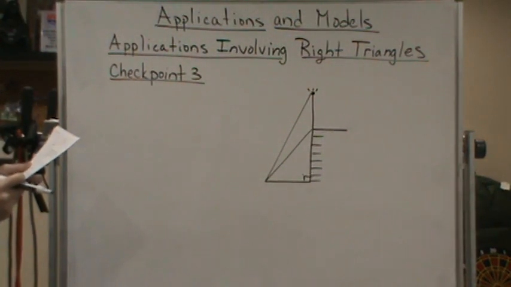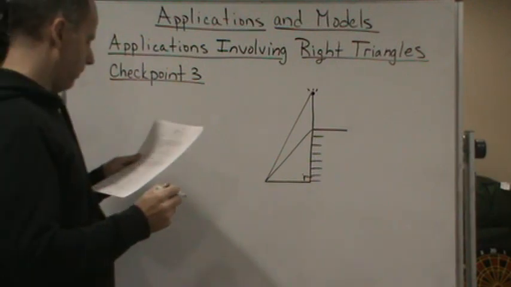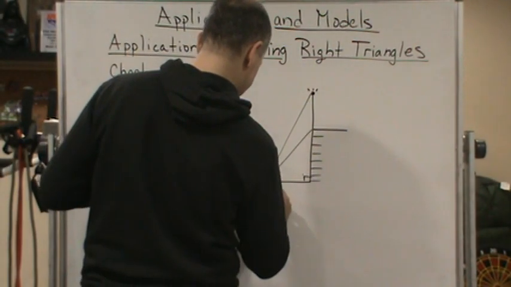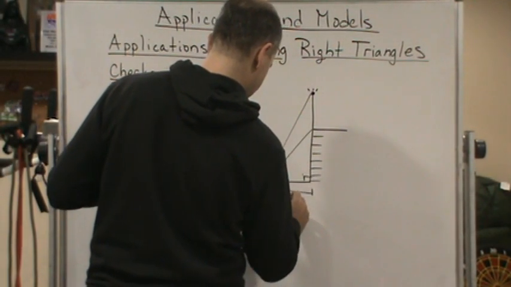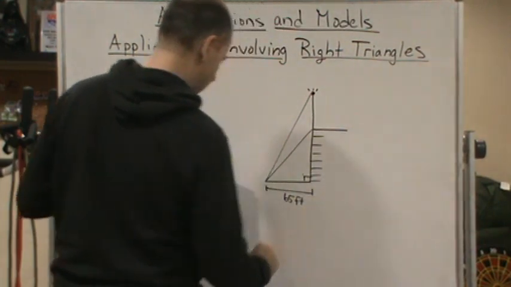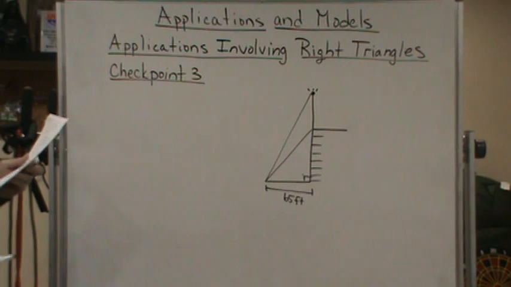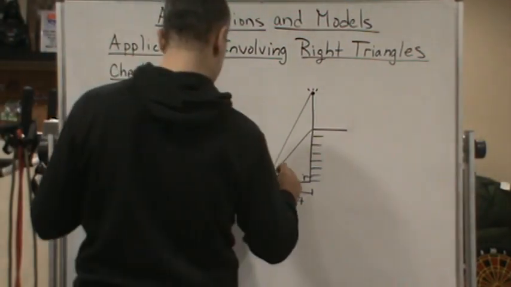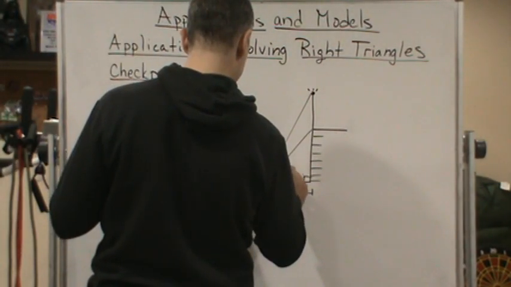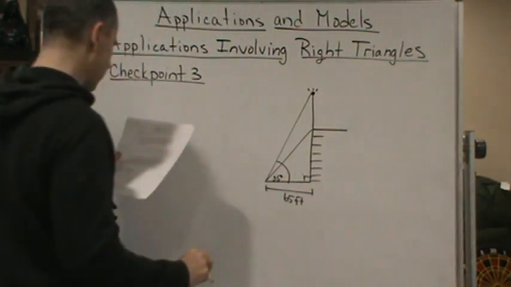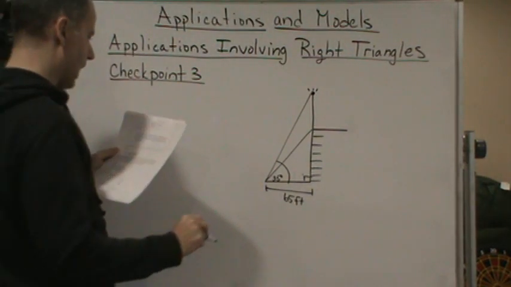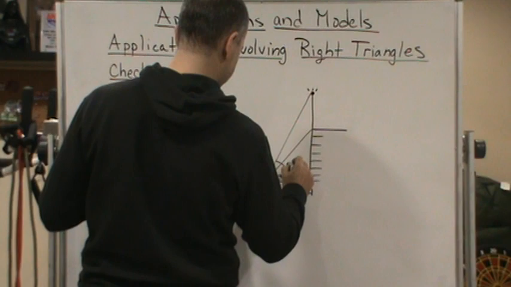What do we know? This is 65 feet, and the angle of elevation to the bottom of the antenna is 35 degrees. And then the angle of elevation to the top is 43 degrees.